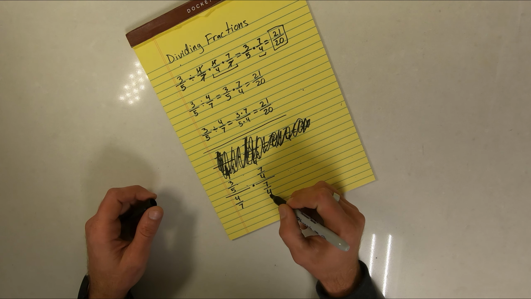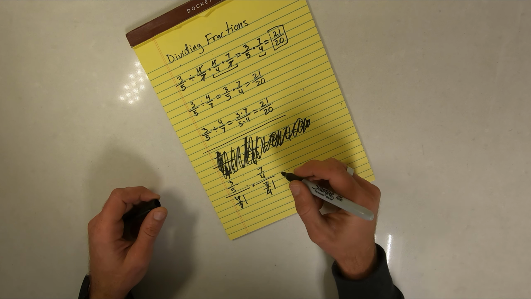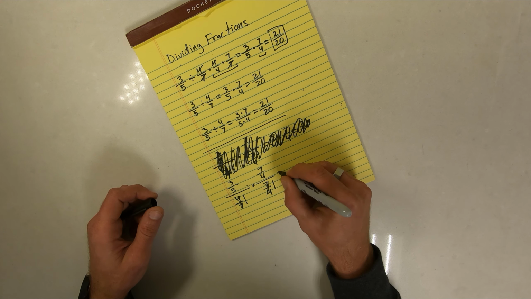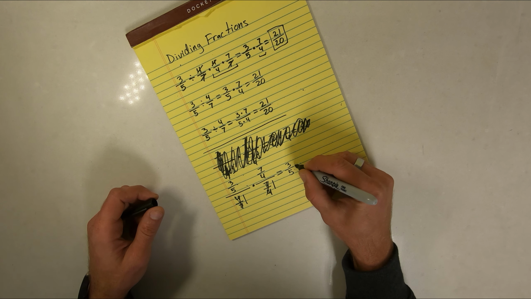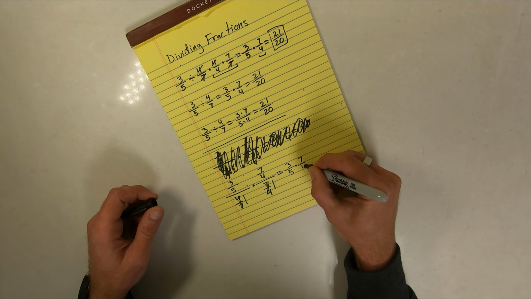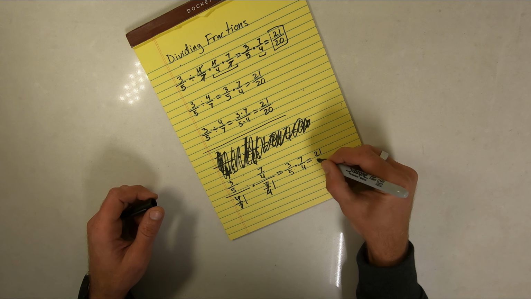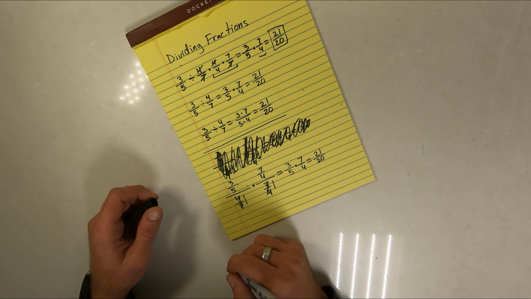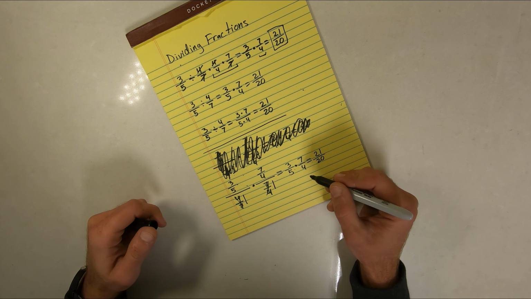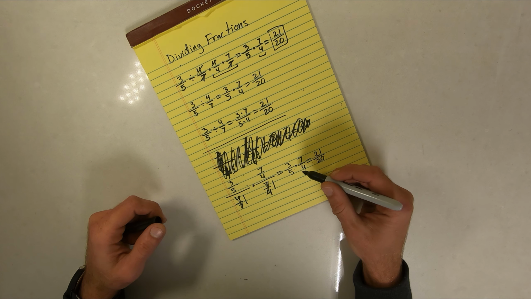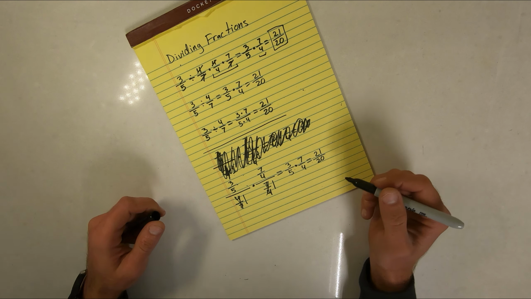And when these two multiply, they cancel each other out, basically making 1. And we can just forget about the 1. So in the end, we have just a simple fraction of 3/5 multiplied by 7/4. And when we multiply these together, we get 21 20ths. Again, here we're multiplying by the reciprocal. Again, when you're dividing fractions, you basically flip the second fraction over and multiply it by the reciprocal.